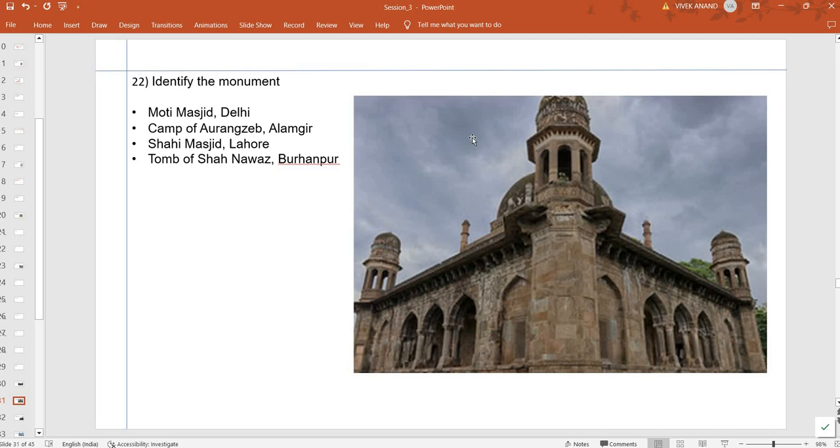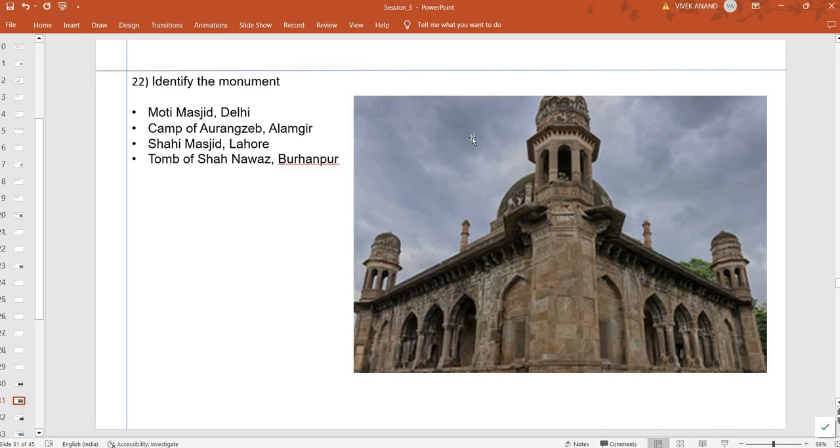If you can guess the location, you will definitely find the right answer. Anyone? Like which region of India does this style represent?